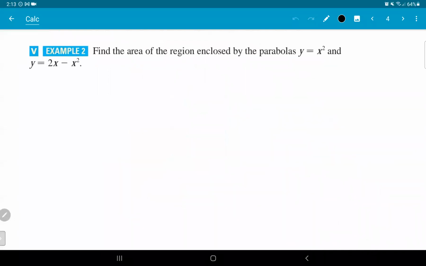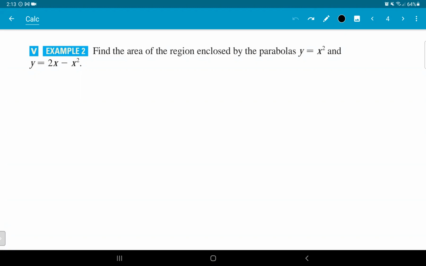But if you look at this example here, you are only given the curves y equals x squared and y equals 2x minus x squared, and those are parabolas, and you are not given the sides, or rather the bounds from, say, x equals this to x equals this.